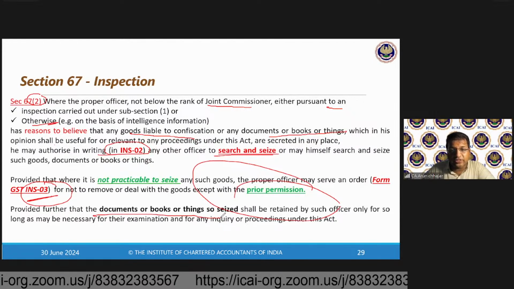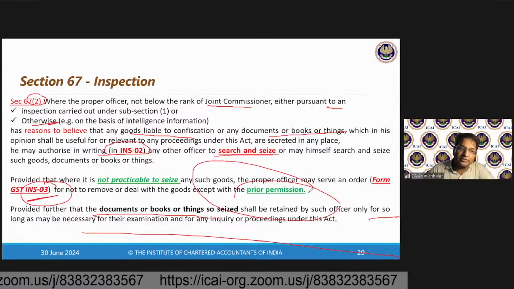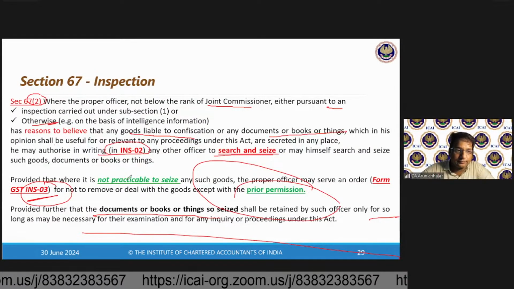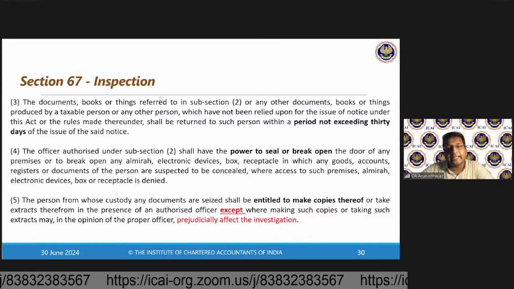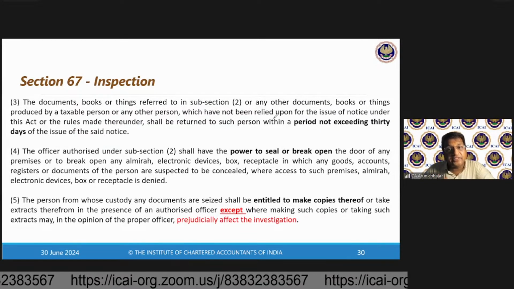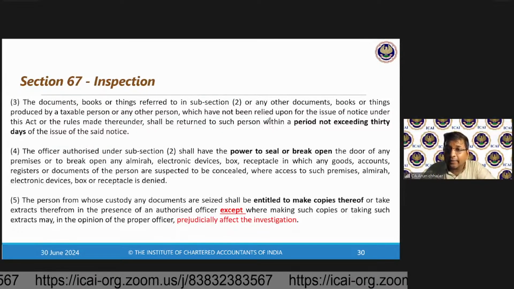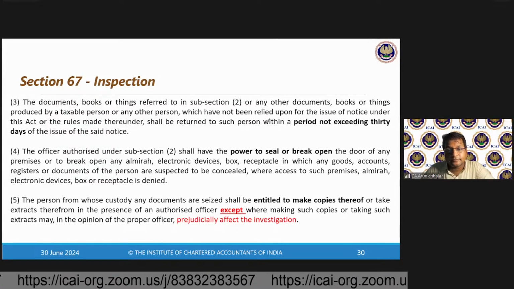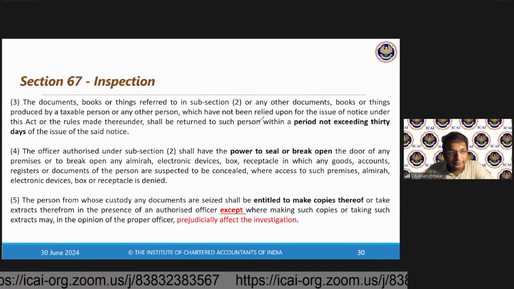Document or books or things so seized shall be retained only for the purpose of their examinations. They can keep the books, goods, things, whatever the period they want. But if the things are not relied upon document, then they have to return.